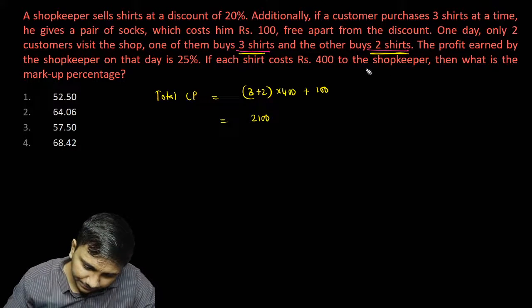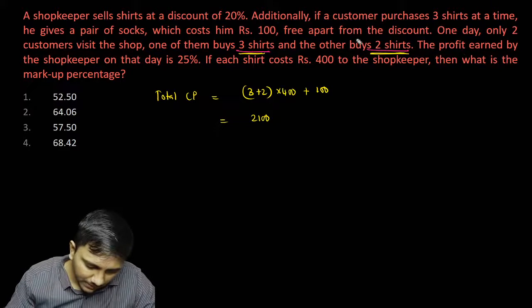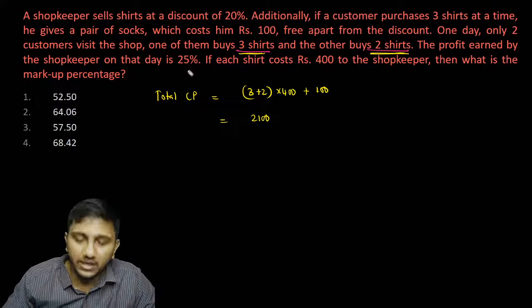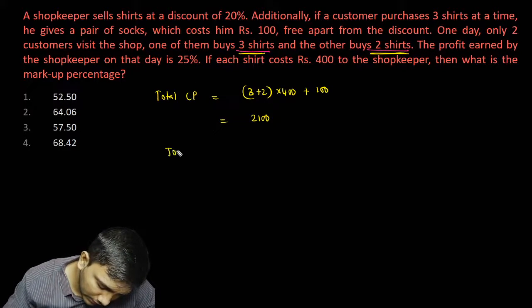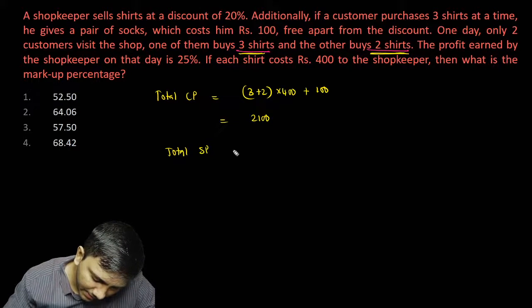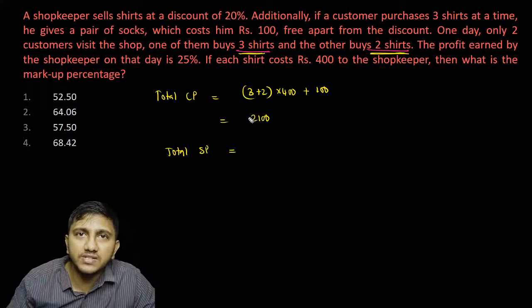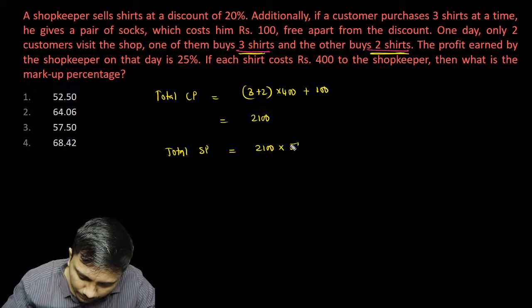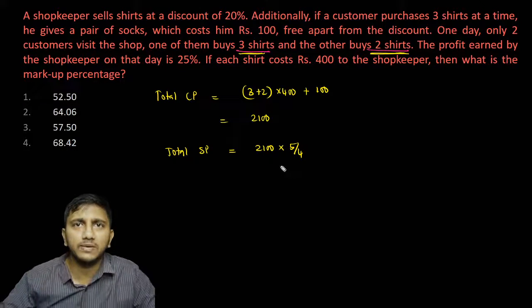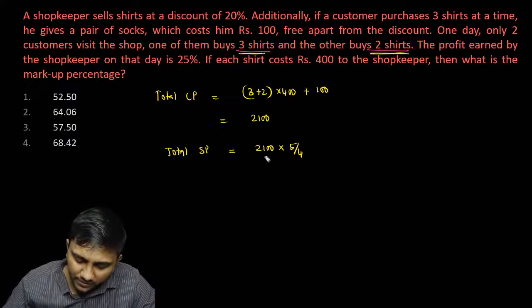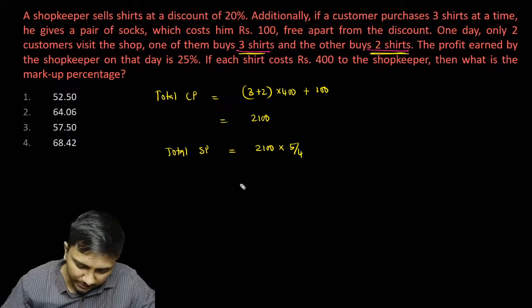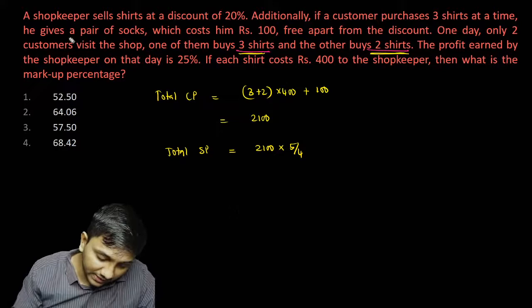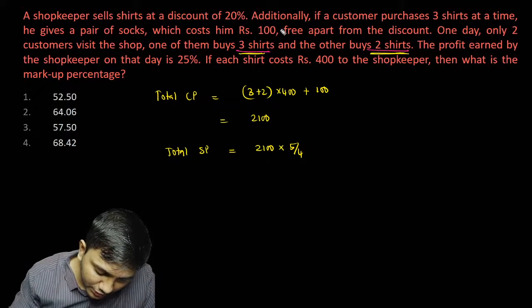It is given that the profit earned by the shopkeeper on that day is 25%. So his total selling price should be 25% more than the cost price. So I can say that's going to be 2100 into 5 by 4. 5 by 4 is 125%, right? 25% more than the cost price. So this into 5 by 4. It is also given that he sells shirts at a discount of 20%.